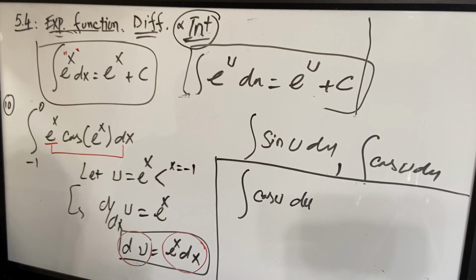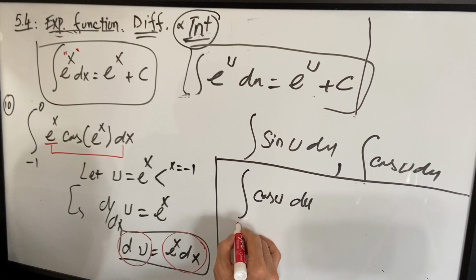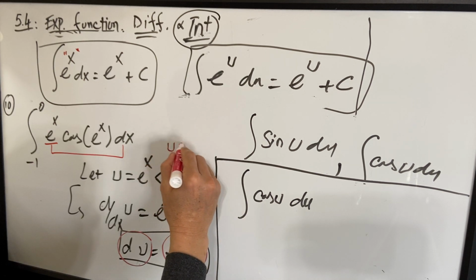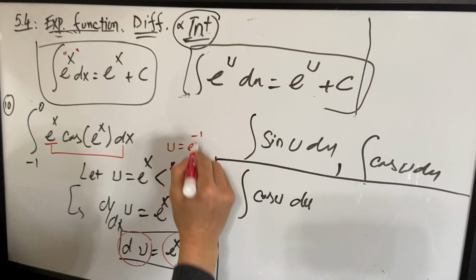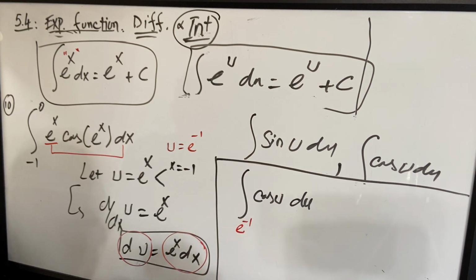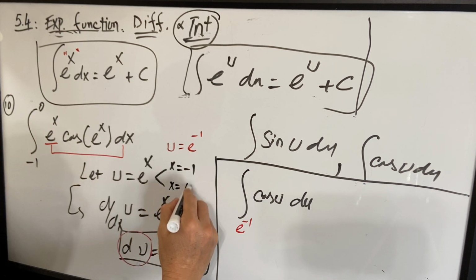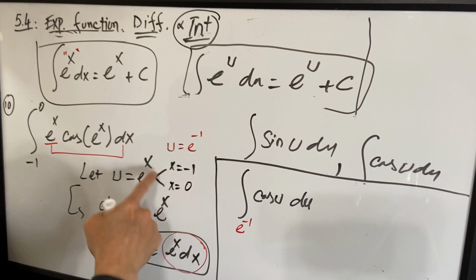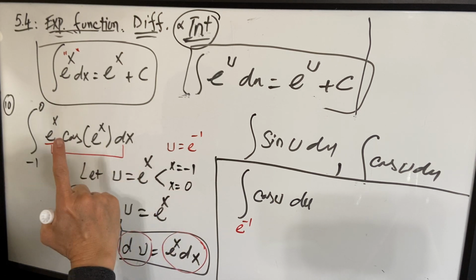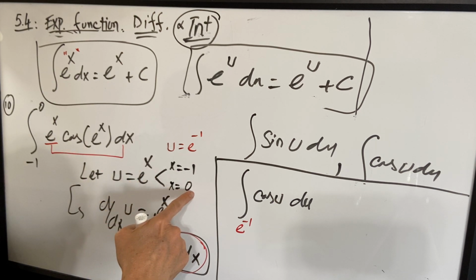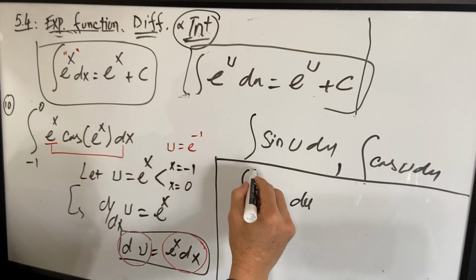Don't let that bother you right there. Cool? What about when x equals 0? Plug it in: e to the 0, which is 1. So when x is 0, u equals 1. Correct.